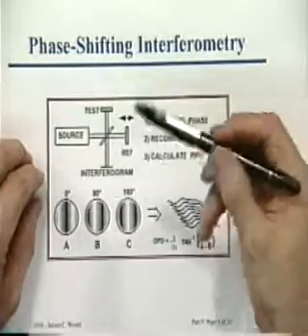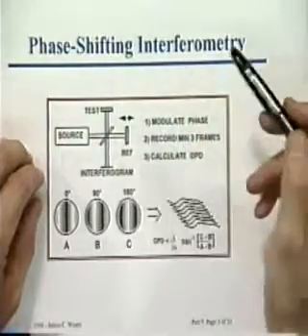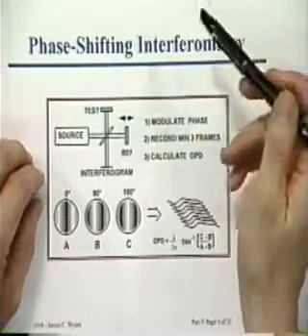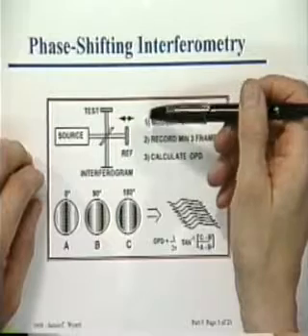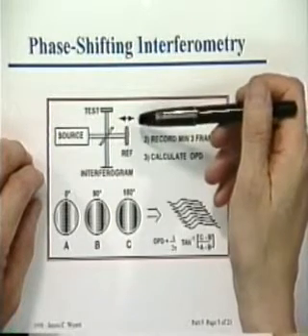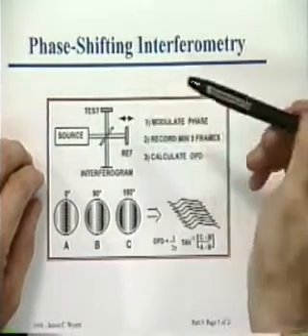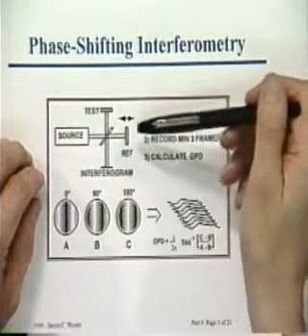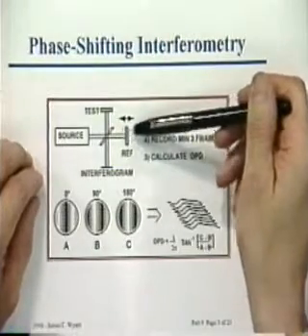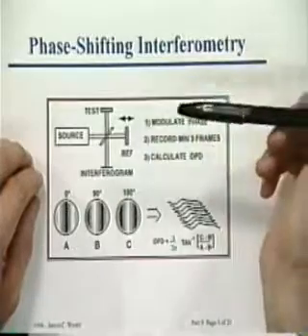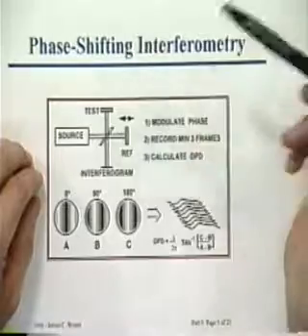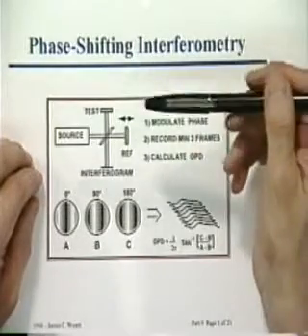The computer will read out the array, and also cause a phase shift between the two interfering beams. We looked at various possible phase shifters, and we said probably the most common one was mounting a mirror on a PZT, and moving the mirror along, changing the path length, and hence changing the phase difference between the two interfering beams.